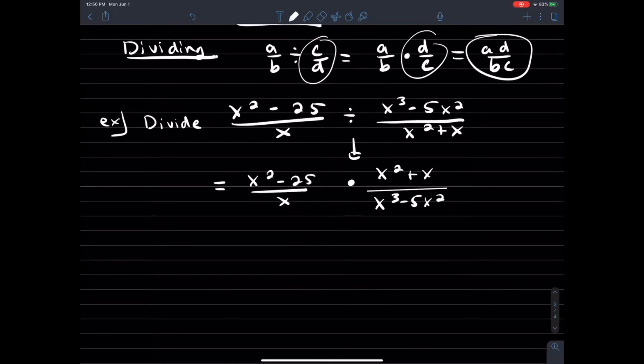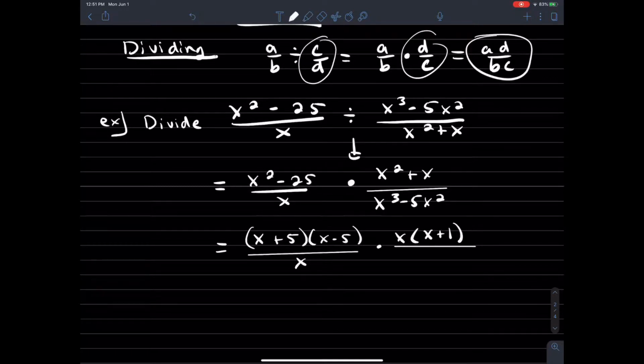We just copy this first one, and this is equal. And now we can factor everything. X plus 5, x minus 5, all over x times, I'm going to factor out an x, plus 1 is left. We have an x squared, you take the smallest power, x squared in common, and then we have x minus 5.